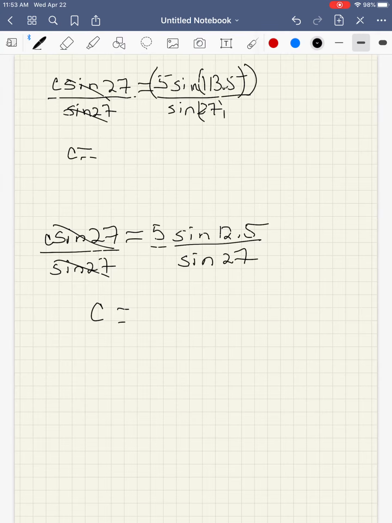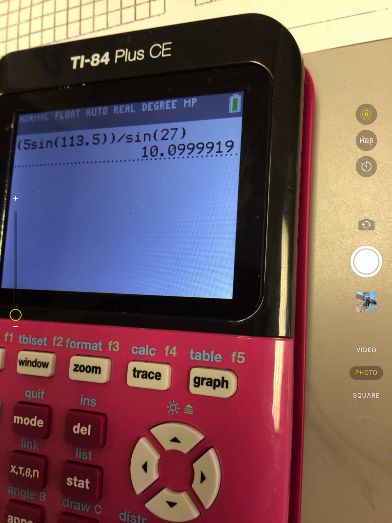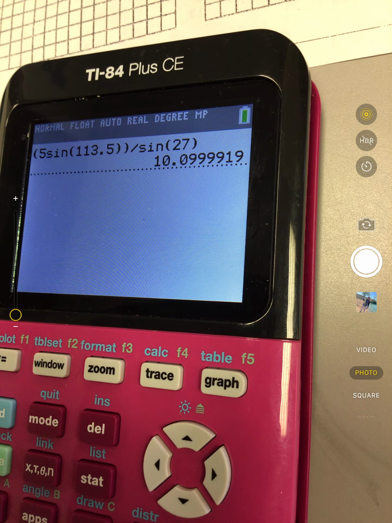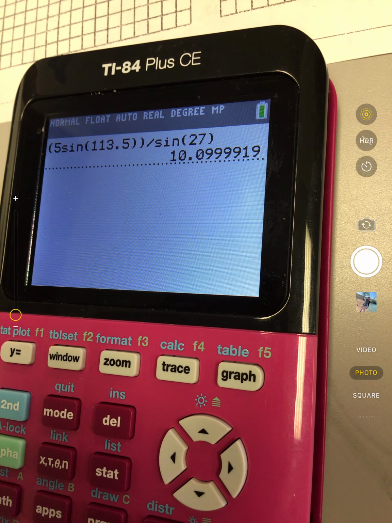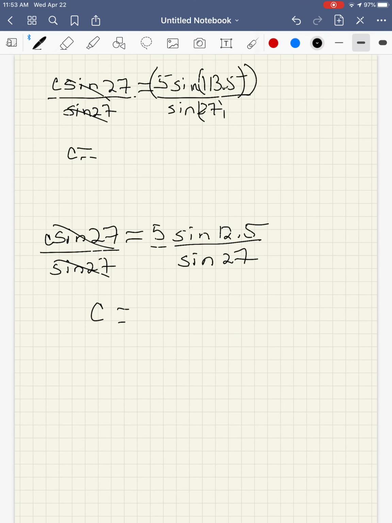Okay, so I'll show you what we get for that. Right there. And that's what it's supposed to look like. Right, and we'll go back and do the other one. So that was 10.1.